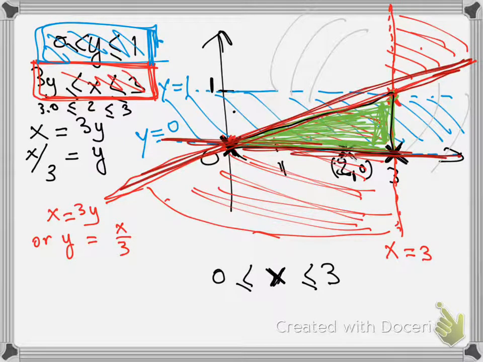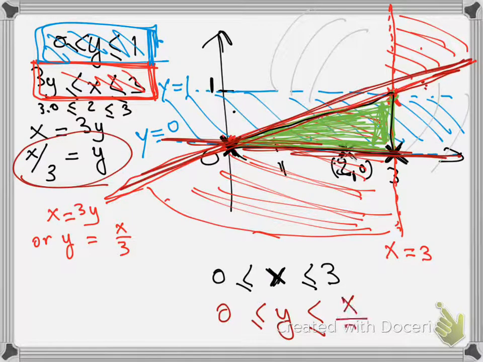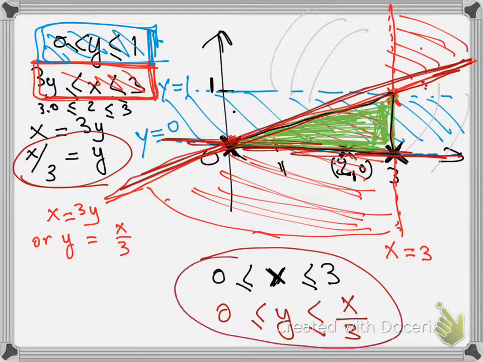So y is going to be between 0 and this line, whose equation is of course y equal to x over 3. So I'm going to have x over 3 here. And you can check that the region corresponding to x between 0 and 3 and y between 0 and x over 3 is exactly our triangle.